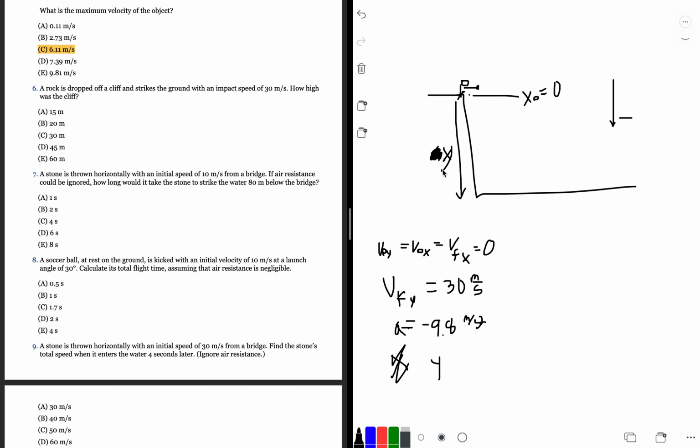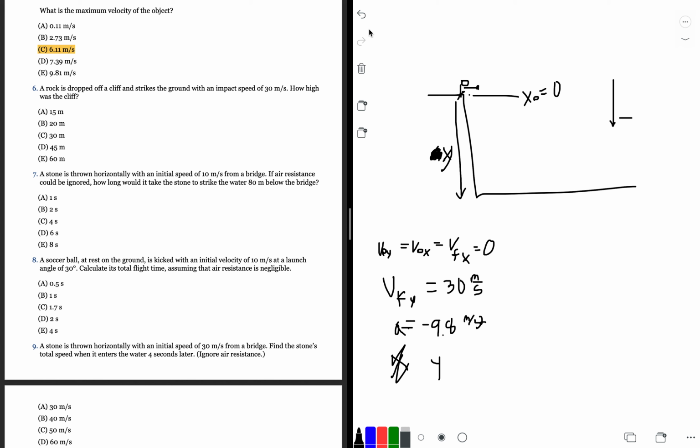So we could say y equals -1/2 gt squared. We don't know the time, so we'll use the third kinematic equation on the formula sheet instead.